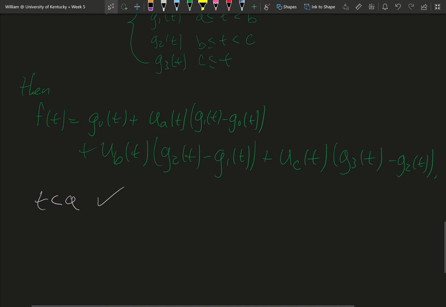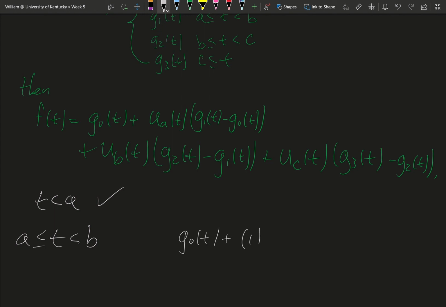Okay, well, what if we're in between a and b? Well, we should get g of 0 plus 1 times g of 1 minus g of 0. And then every other term is going to be 0. So the plus g0 cancels with a minus, and we just get g1.